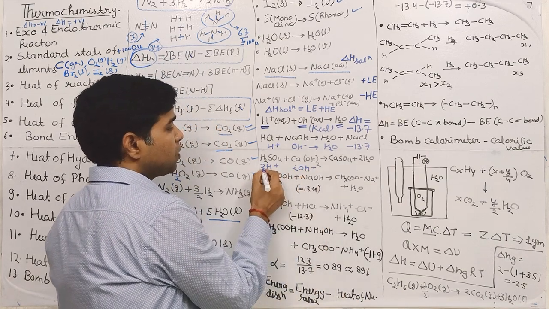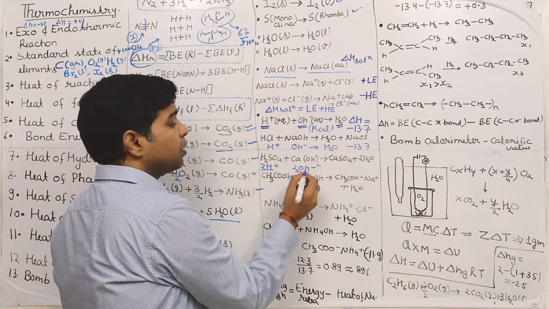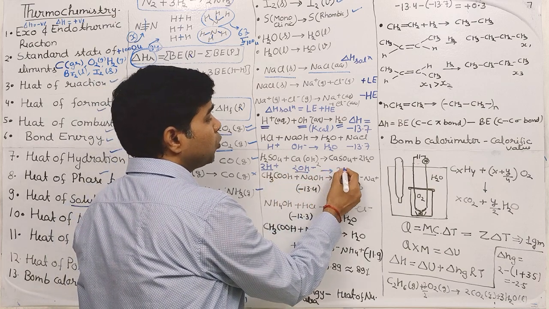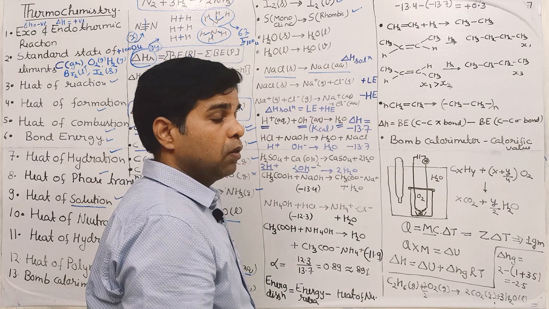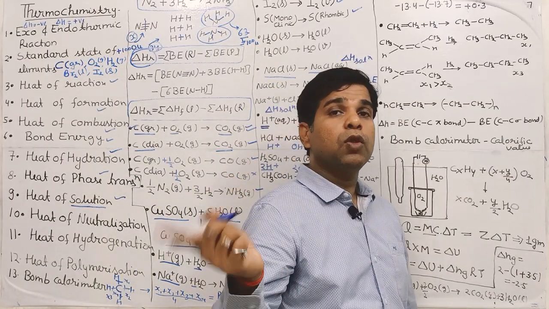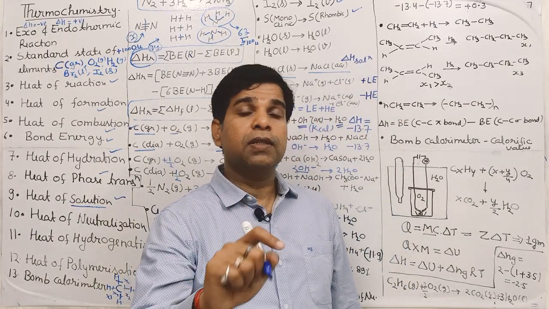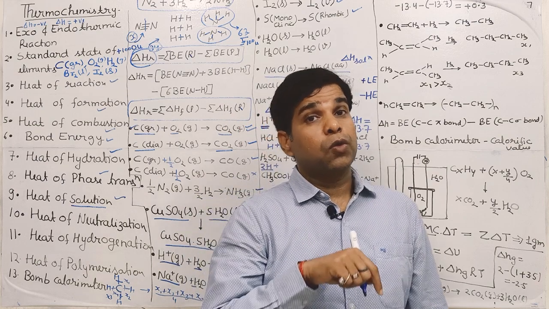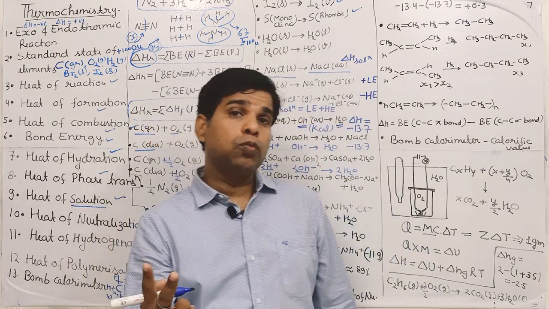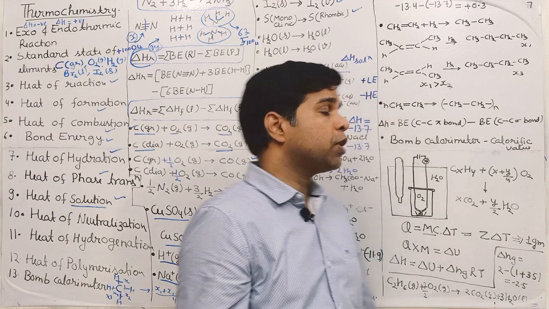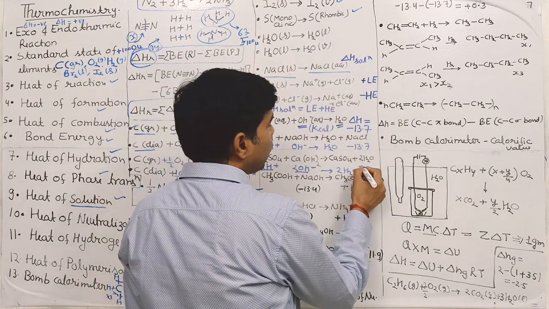So in this process, 2 moles of H+ react with 2 moles of OH-, and they give 2 moles of H2O. When 1 mole of H+ and 1 mole of OH- react, they give the energy 13.7. Then if 2 moles of H+ react with 2 moles of OH-, they give energy twice of 13.7.